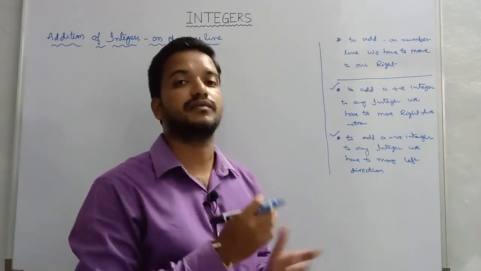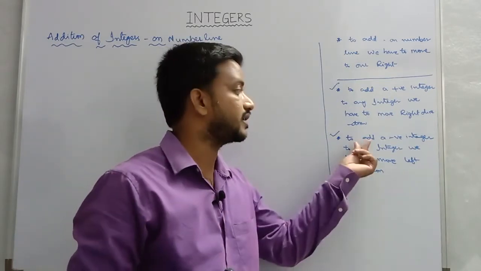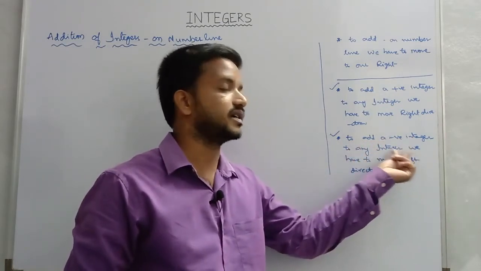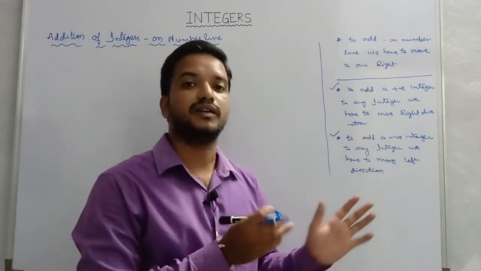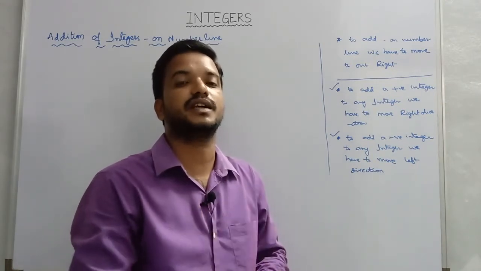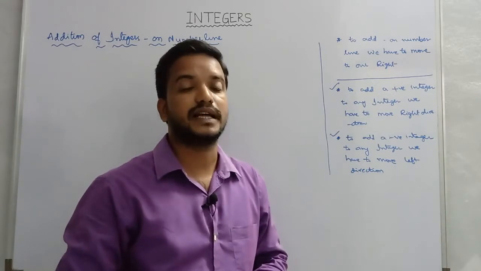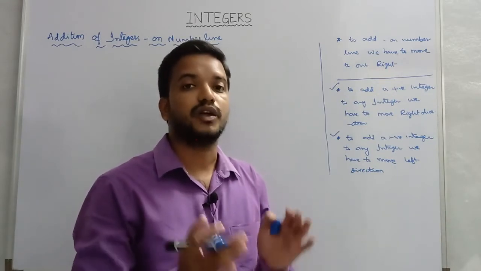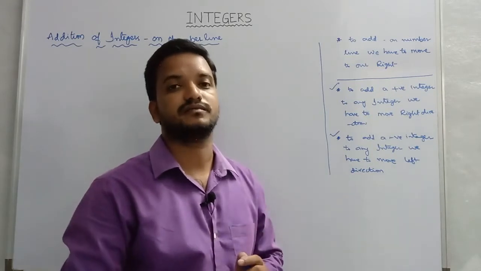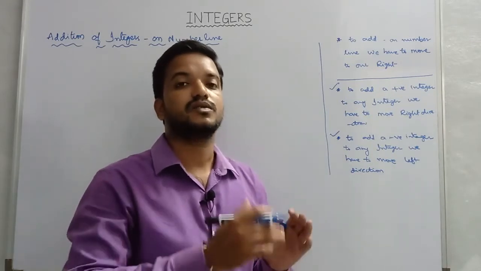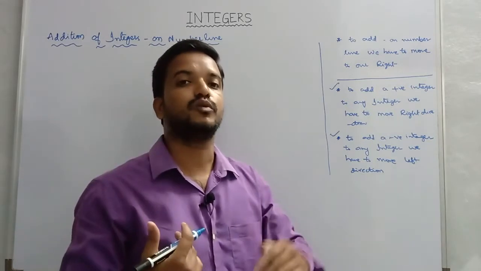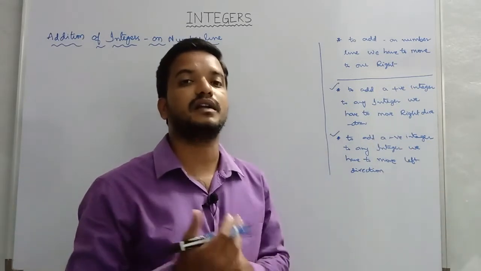But in case of negative, when we have to add a negative integer to any other integer, we have to move left direction instead of moving right direction. Means you have to change the direction. Why we have to change the direction? Because when you are adding a negative integer, the value is decreasing. Is it clear? So when you move left direction, the values are decreasing. When you move right direction, the values are increasing.